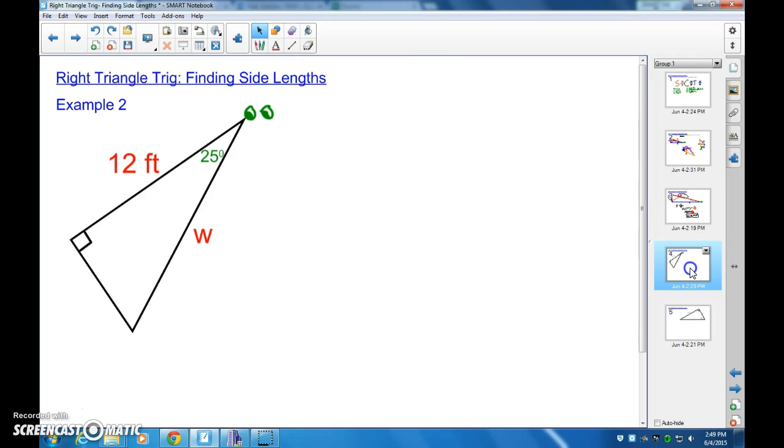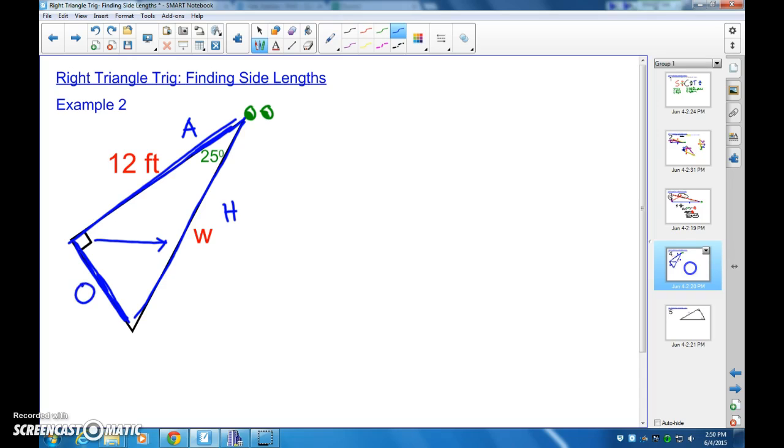So first thing, figure out who's O, who's H, who's A. Across from the 90, that's your hypotenuse. Attached to your eyeballs is your A, which is the leftovers over here. On the complete other side of the 25 is the opposite.